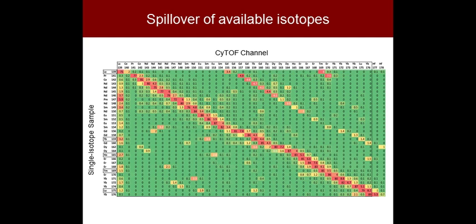The one exception was a case where we saw significant spillover by just a bad choice of specificities that we put on two different channels. And rather than try to sort it out by compensation, which really did not work very well, we simply switched the panel around. Okay? So the bottom line is that in mass cytometry, unlike fluorescence, you can essentially solve your problems with careful choice of where you put different reagents, and you don't really have to apply any compensation.